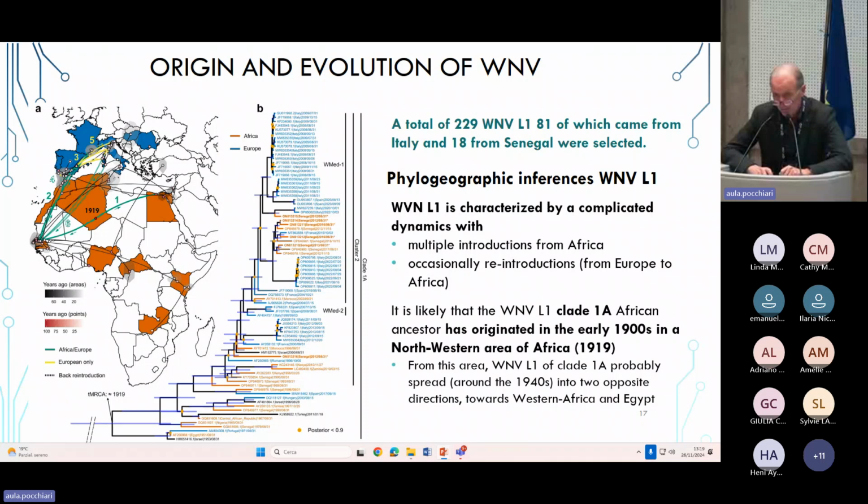From Senegal, then, we have a spread of the virus through Morocco into Spain, France, and Italy. So there is a clear corridor evidenced by this study, a Western corridor which includes Senegal, Morocco, Spain, France, and Italy.